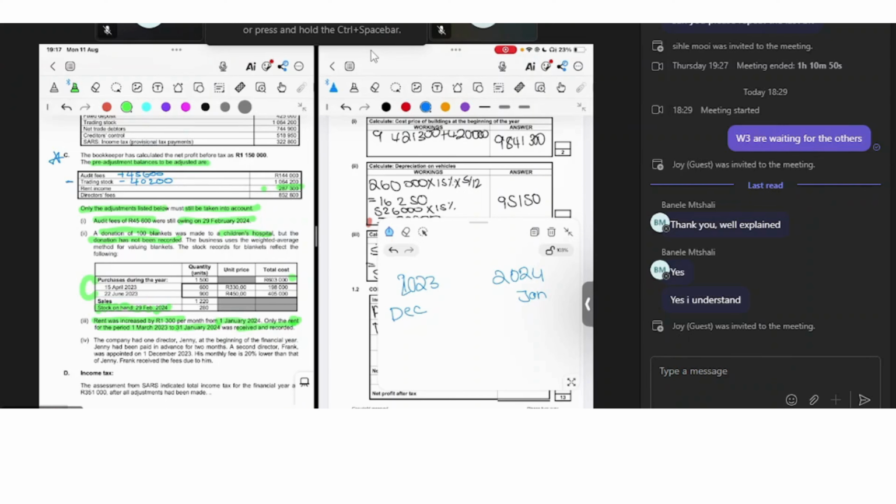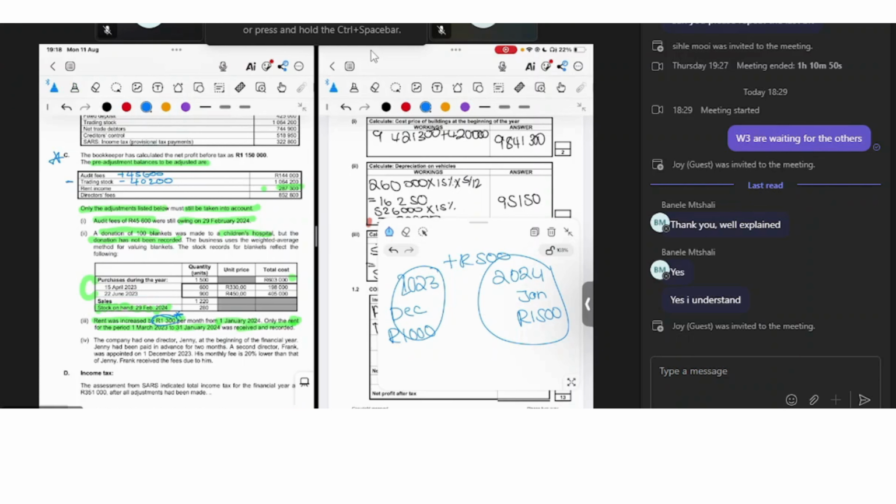Let's say before, rent was 1,000, and now your rent is 1,500, right? So you agree that from 2023 to 2024, we have increased our rent by 500 per month. So our rent per month in 2023 is not the same as our rent in 2024, which is the same thing they're telling us here, that our rent increased on the 1st of January by 1,300.